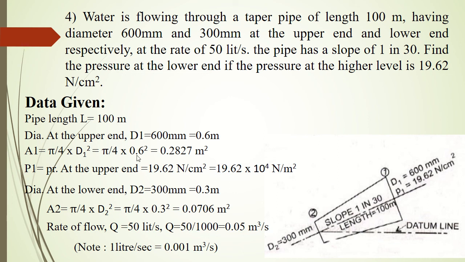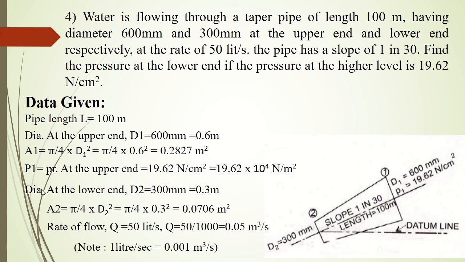If you substitute 0.6 square, it is going to be 0.2827 meter square. So P1: he has given the pressure at the upper end as 19.62 Newton per centimeter square. Again, to convert Newton per centimeter square, you multiply it by 10 raised to 4, so it becomes 19.62 into 10 raised to 4 Newton per meter square.